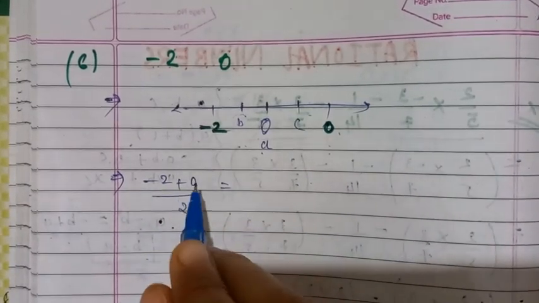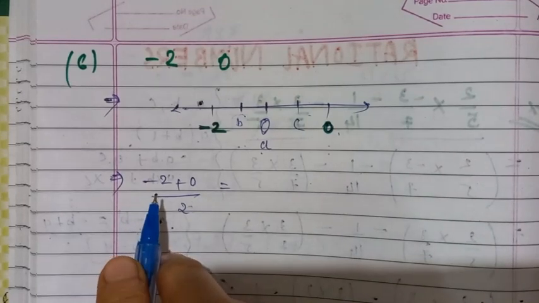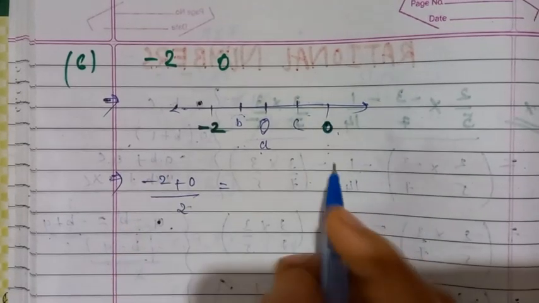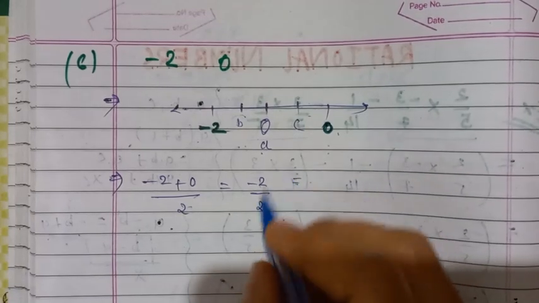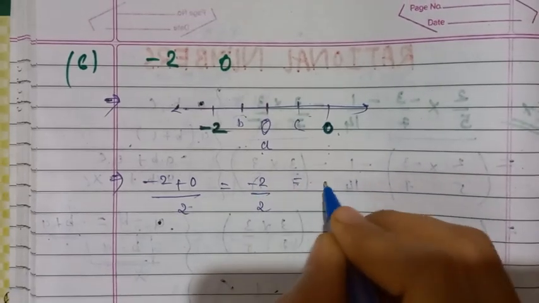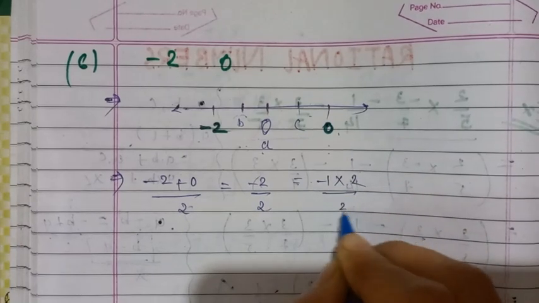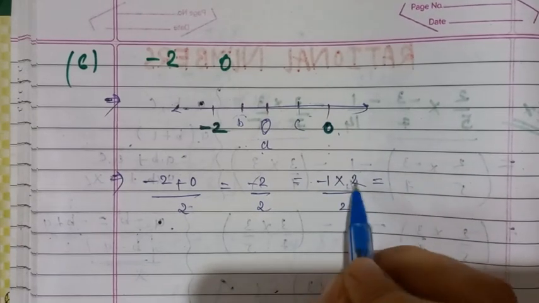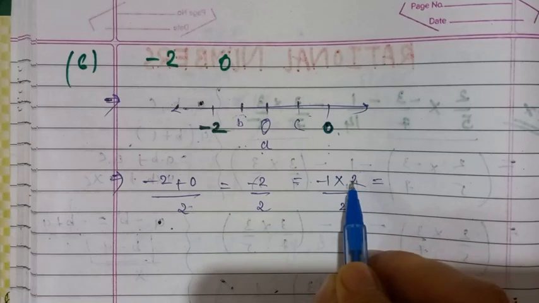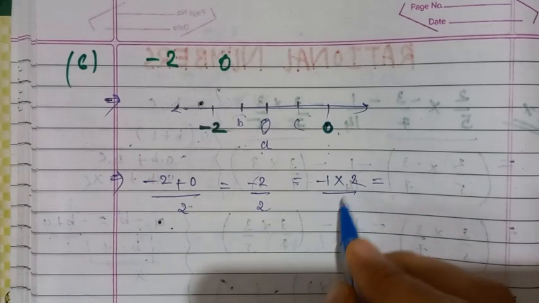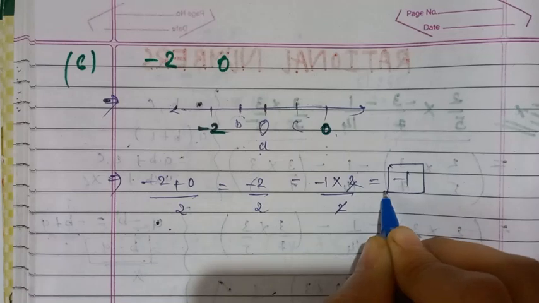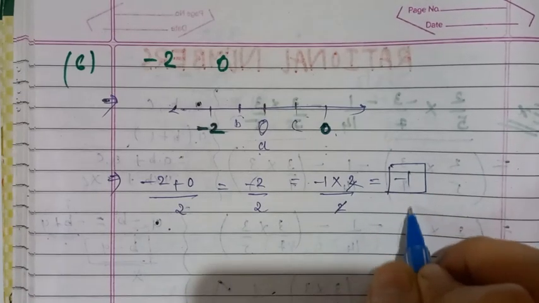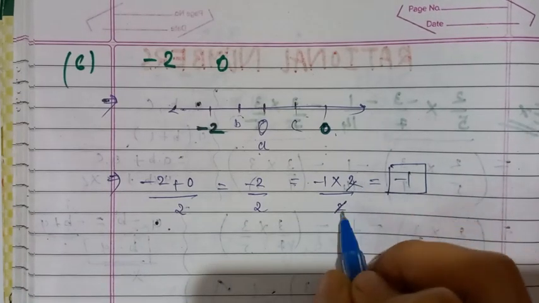If we add 0 to any number, then the answer is that number, minus 2. See, this minus 2 can be written as minus 1 into 2. Now here there is 2 in numerator and denominator, so we can cancel it out, and our answer is minus 1. Never put 0 in the denominator after cancelling out this 2.